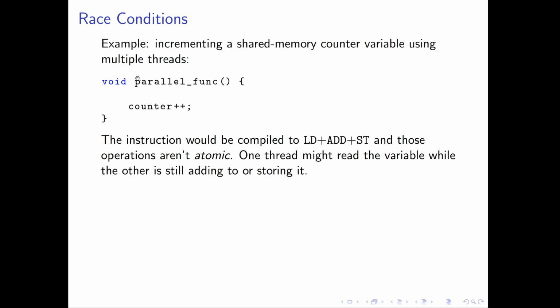It's maybe a thread callback function that is run in parallel using the pthread API, or it's called from within a parallel for loop. So it's a function that is called by multiple threads at once, and those threads have access to a shared variable called counter, and the threads increment that counter in parallel.